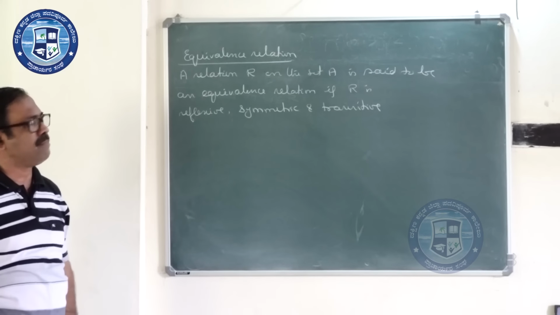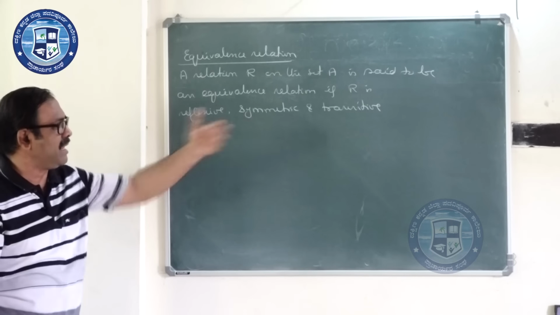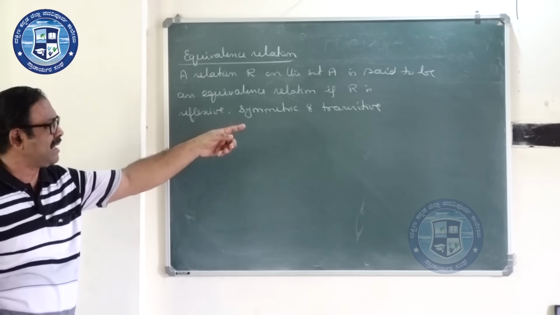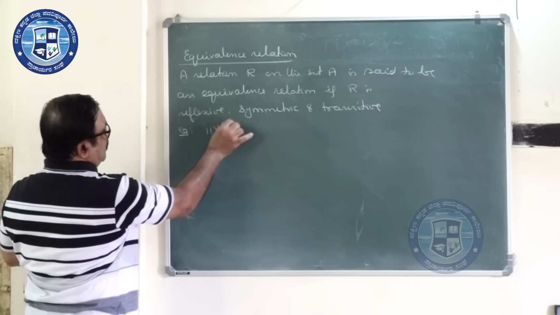Can you give me one simple example? I have already written the examples. In reflexive, symmetric and transitive, you just collect the common example. See, the example is parallel to.